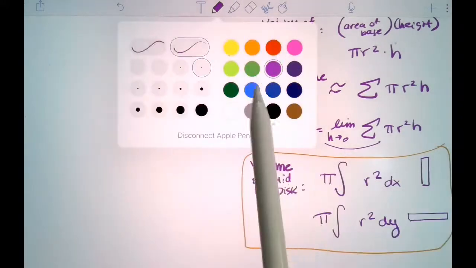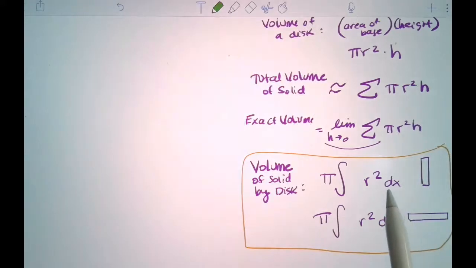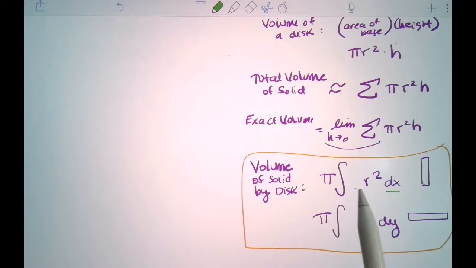Remember how powerful the dx and the dy is. When there's a dx in your integral, not only does that tell you that your whole integrand has to be in terms of the x variable, but it also tells you that you get your limits of integration from the x-axis. That's your start and stop. And same thing if you have a dy integral: that means your whole integral is in terms of y.